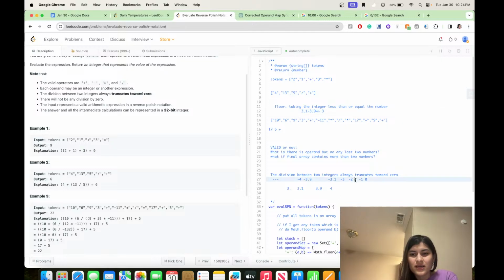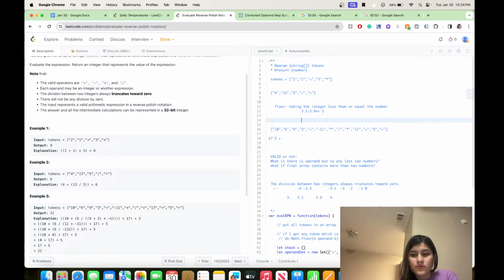So it's just like going towards 0. And if it is minus 3.9, less than this is minus 4, right? So the answer will be minus 4. So that's where I was confused. I thought that floor will always return this 3 even if it is negative, but no, truncation will do that, but floor will not, because floor will return the nearest integer less than or equal to the number.